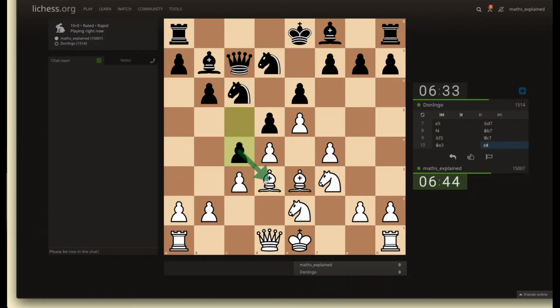Okay. So I have to move this bishop because the pawn is going to take it. So far so good. I haven't lost any pieces. Did you see that? He castled. That's what castling is.